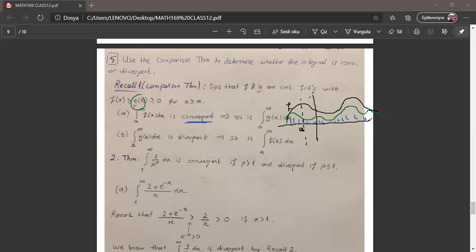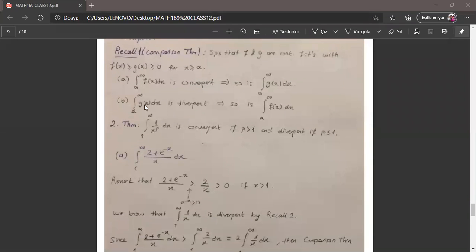So if the bigger one is convergent, then the smaller one should already be convergent. And it says if the smaller one is divergent, then the bigger one should already be divergent.